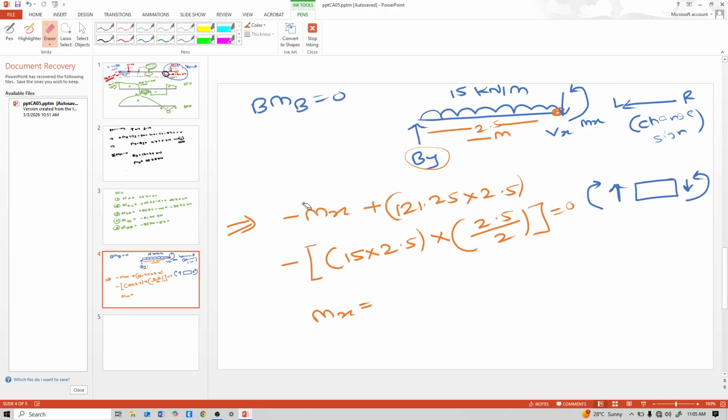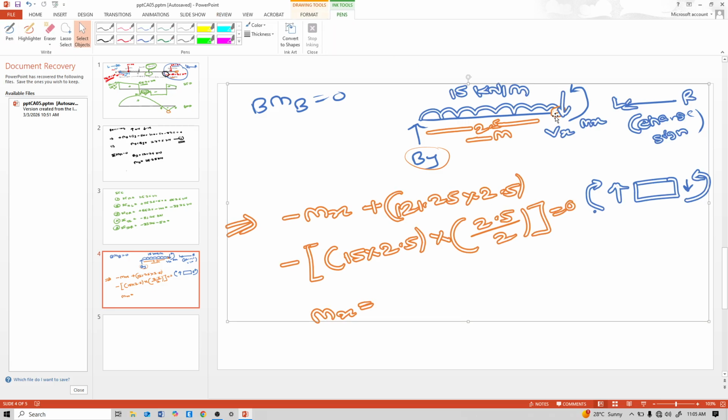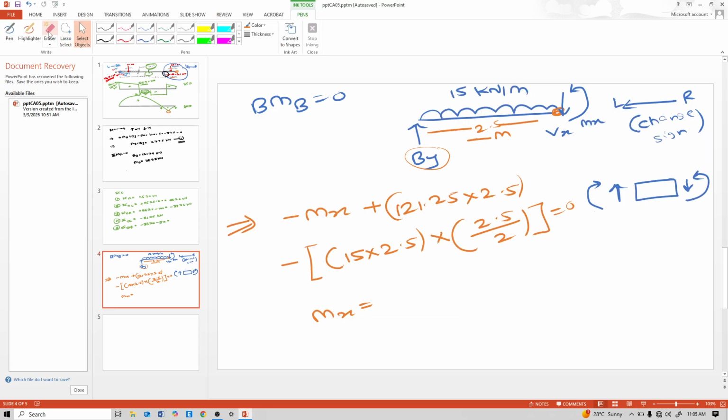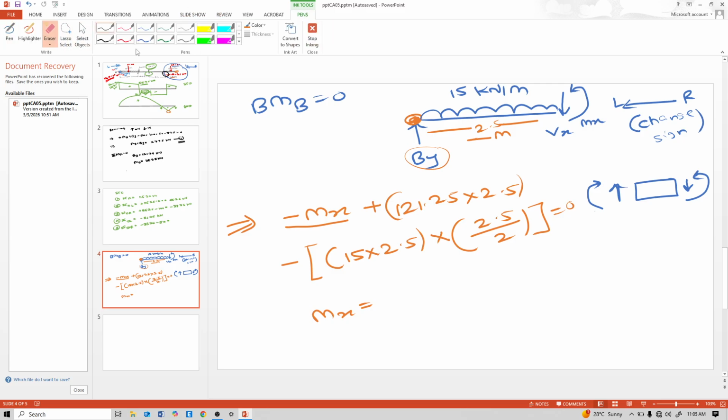So see, only the moment point is this moment point here. So this Mx is anti-clockwise, that means minus. It is correct. So it is correct.